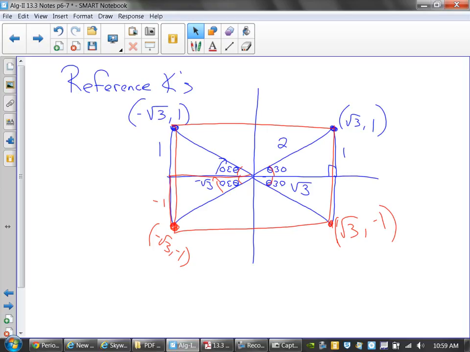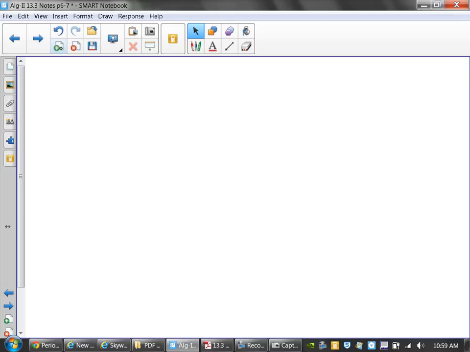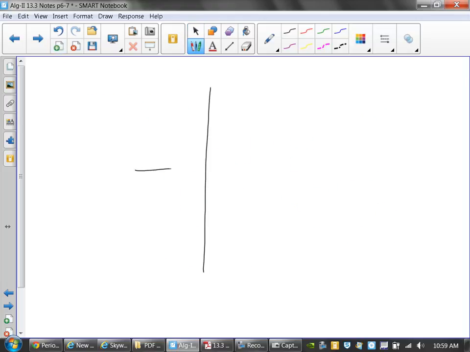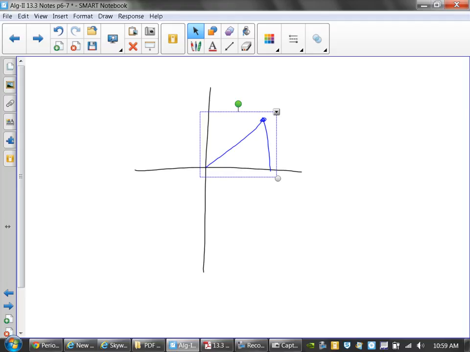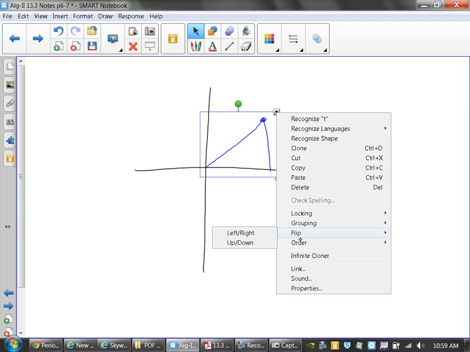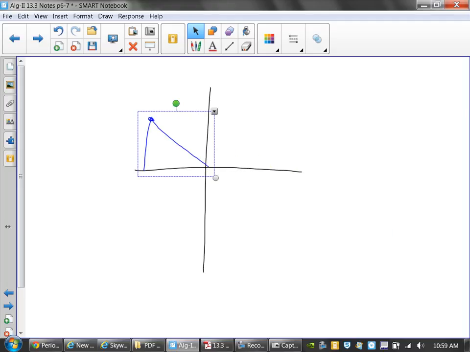Remember yesterday when we mirrored and flipped our triangles all the way around the axis? We were finding that as we did that, when we took this triangle and we flipped it around and moved it over, oops, I should have moved it.